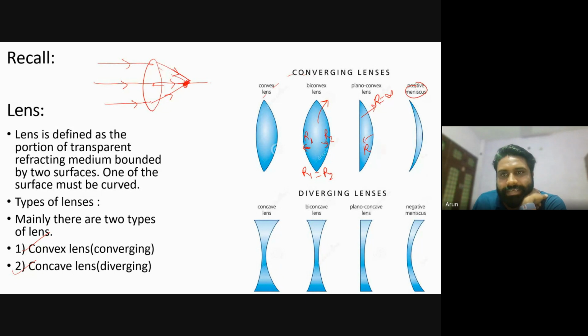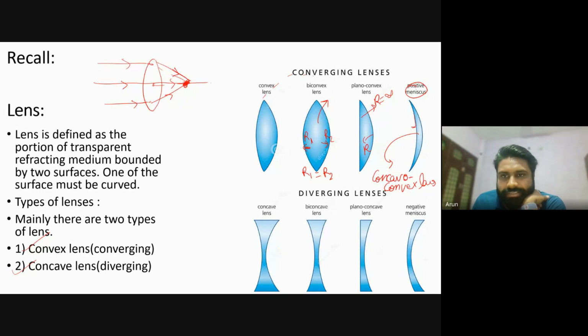Now this is also termed as the concavo-convex lens.